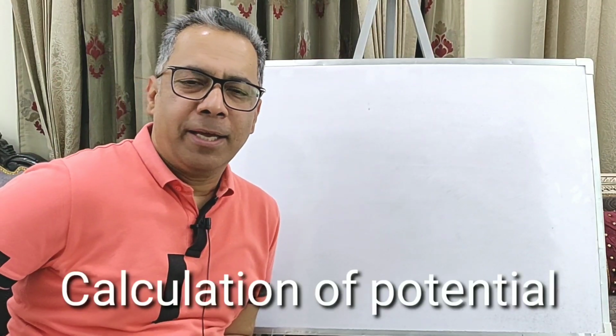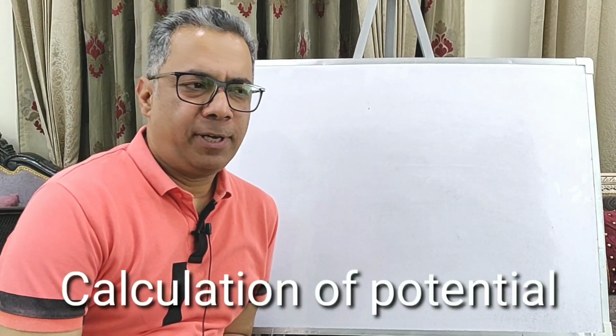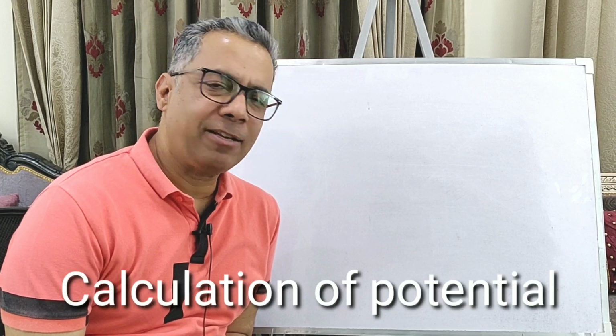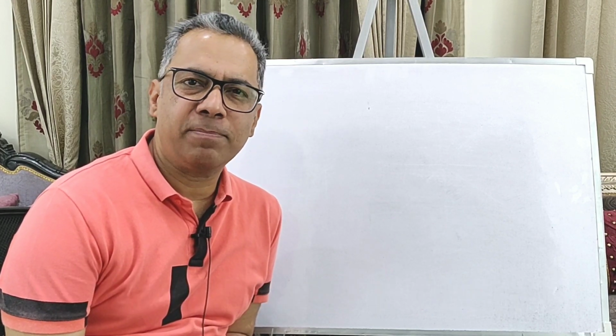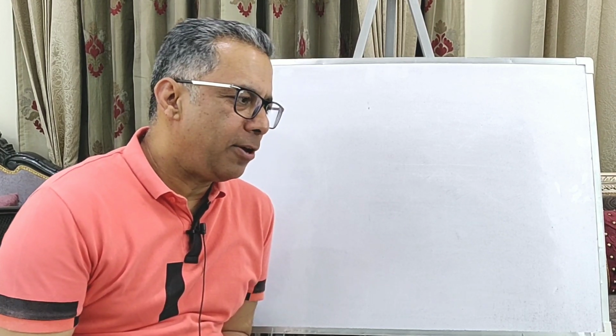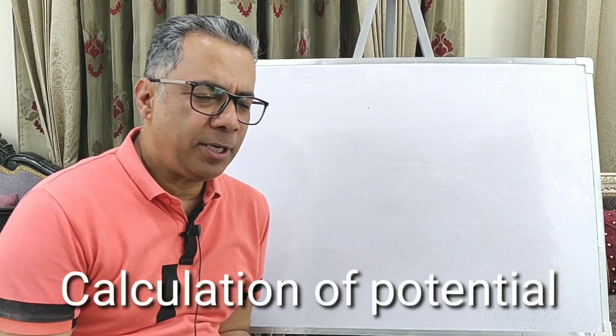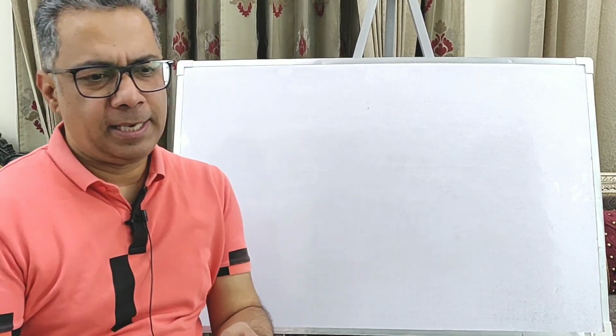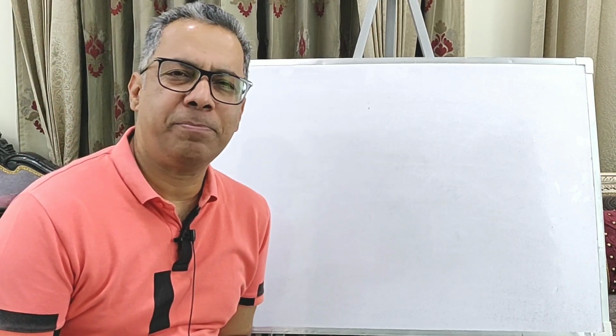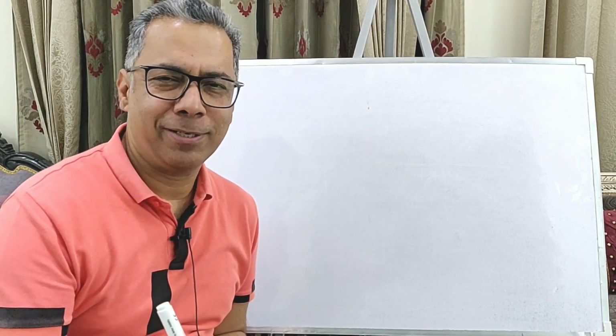Hi, let's move on with the concept of potential and the calculation of potential energy using the concept of potential. Now you will recall from the previous video that potential is in a sense potential energy per unit charge placed at a point.